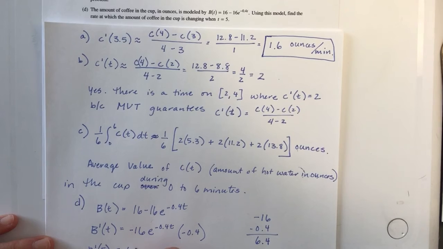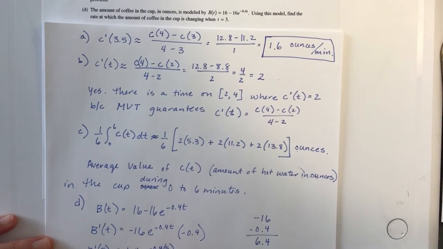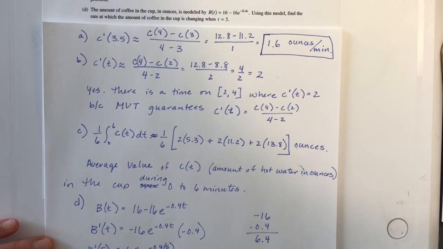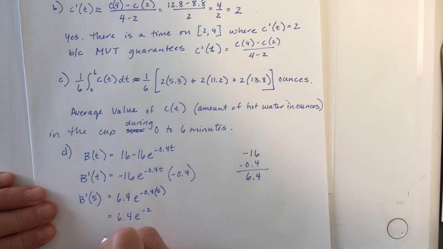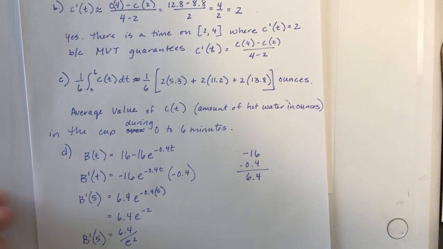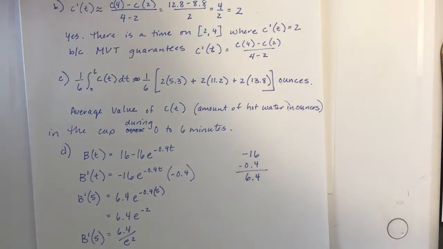So we've got 6.4e to the negative 0.4 times 5, which is 6.4e to the negative 2. We could also write 6.4 over e squared if we want. And that should do it. All right, that is our one example of a table problem.